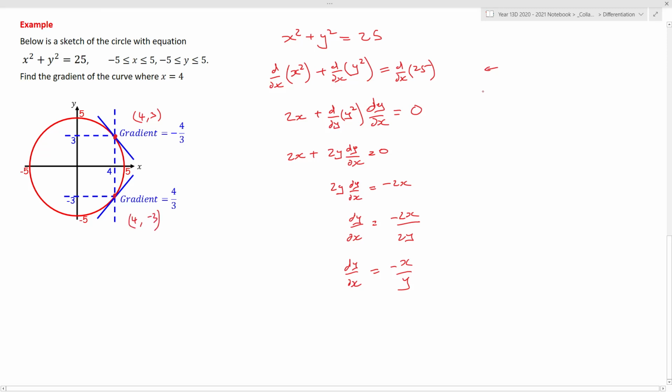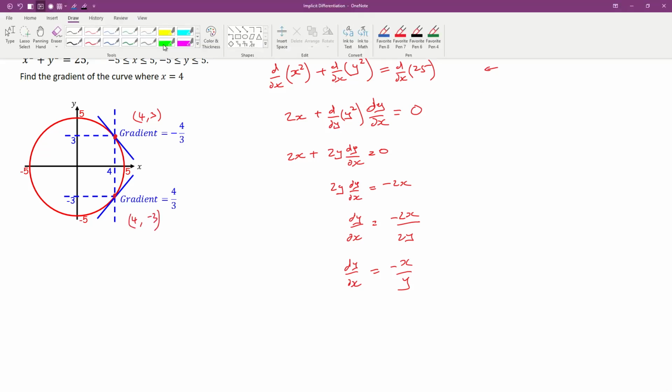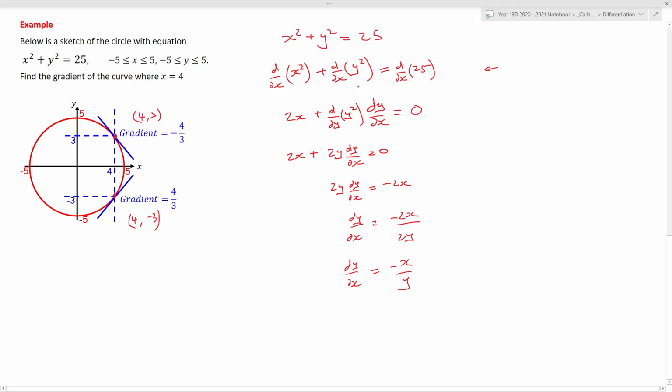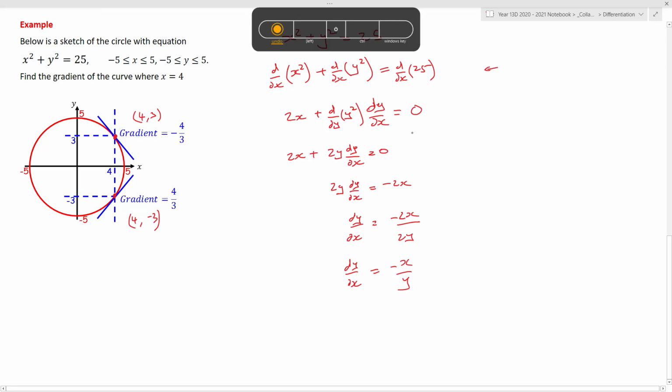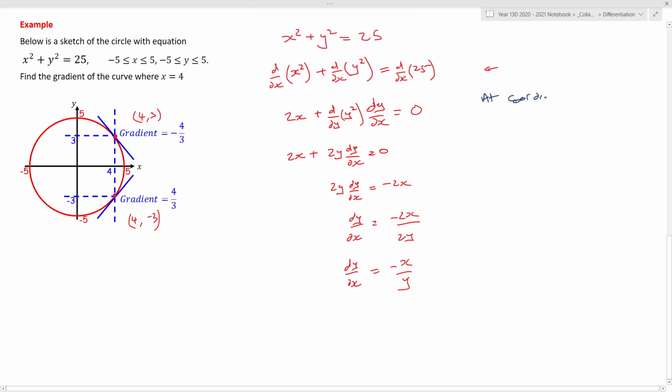So we've got to find the gradient at 2 points. I'll just change my pen to a different color, make it easier, blue. I won't say when. Instead, I'll say at coordinates 4, 3.